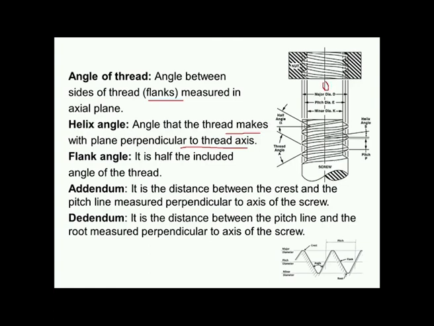So, we have the thread axis here, and this is the ridge or the thread. It makes an angle with this perpendicular, and this angle is known as helix angle. Flank angle is half of the included angle of the thread. And then we discussed the addendum and dedendum.